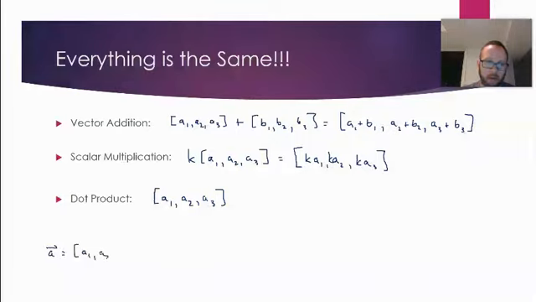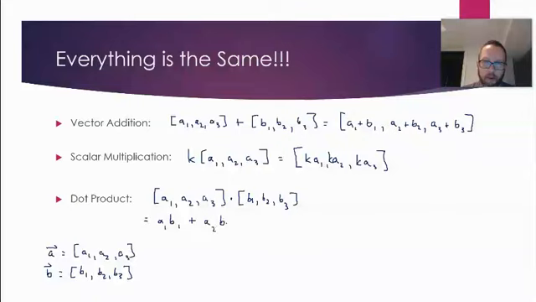You guys have probably figured this out. Another vector I'm calling B is B1, B2, B3. If you want to dot two vectors together, we apply the same rule as in R2. You just multiply the components together, A1 B1, A2 B2, A3 B3, and add them. It's the same.